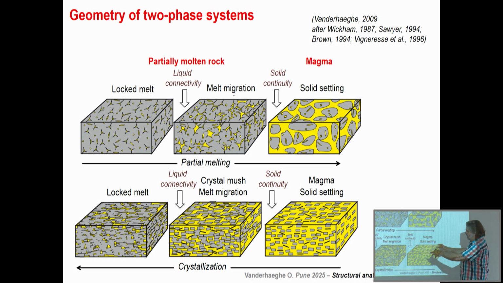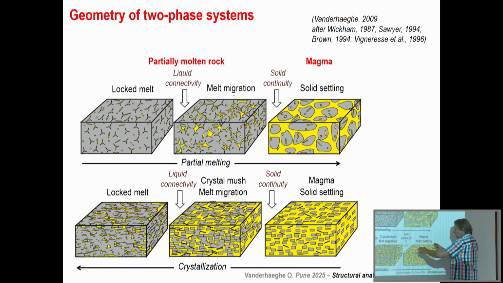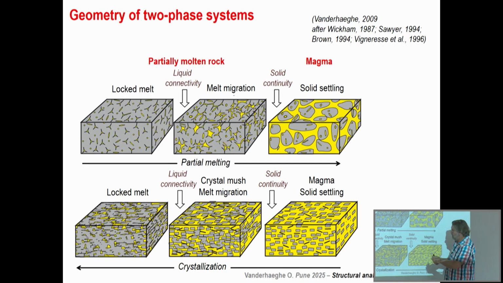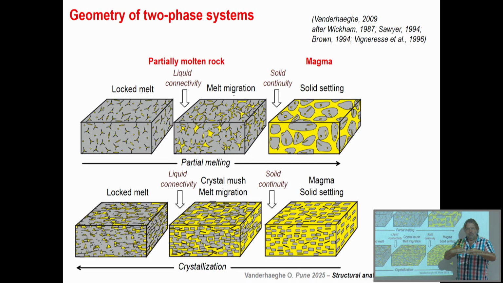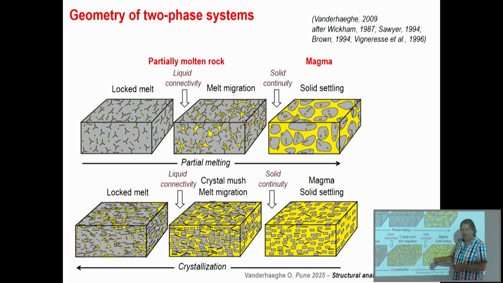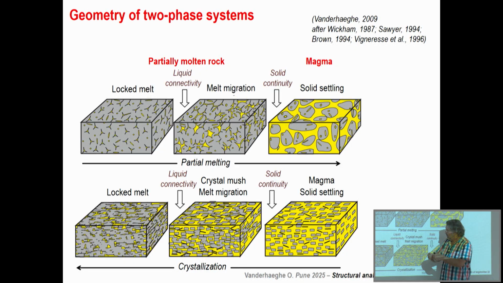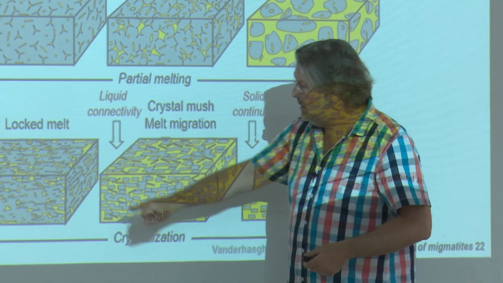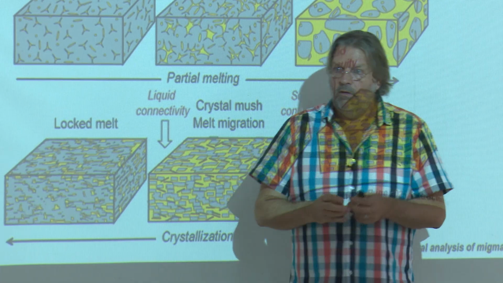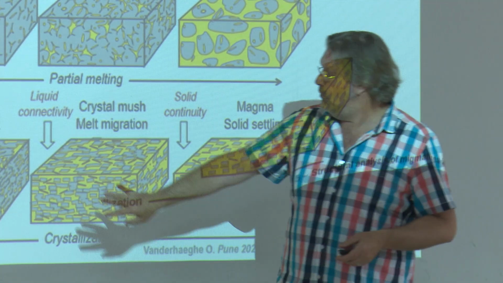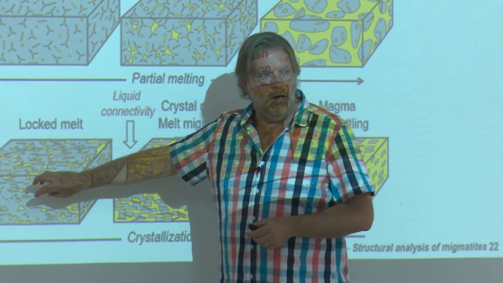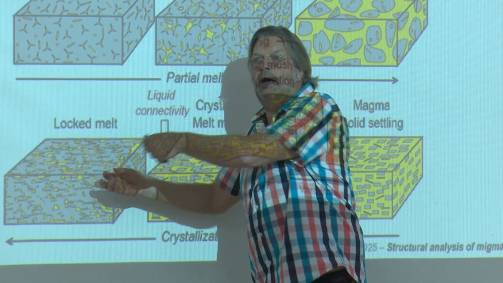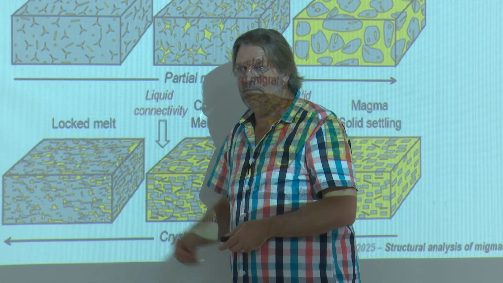Some crystals might be separate from each other in the magma during the initial step of fractional crystallization, and then the crystals might start to touch and form a continuous solid framework, but the liquid might still migrate through this framework. And at some point, the framework will be so dense that the liquid will be trapped in small pockets. And that's the final texture of the granite that I showed you, with feldspars, plagioclase, and quartz. The last melt drop is composed of quartz.